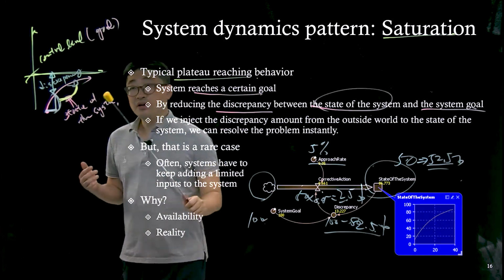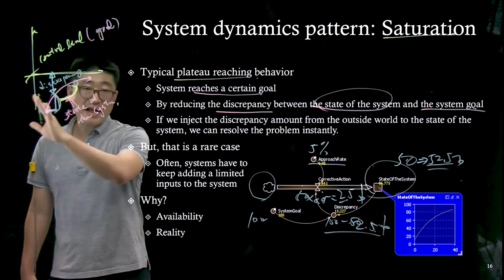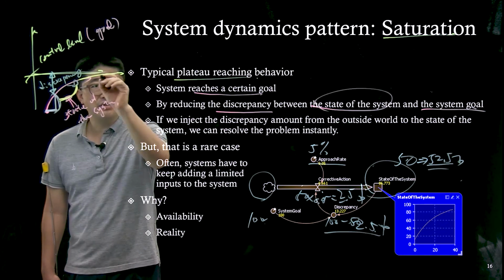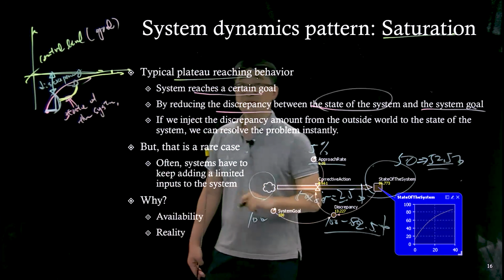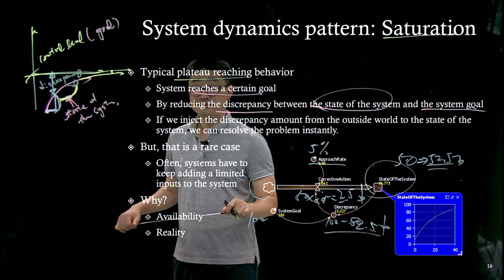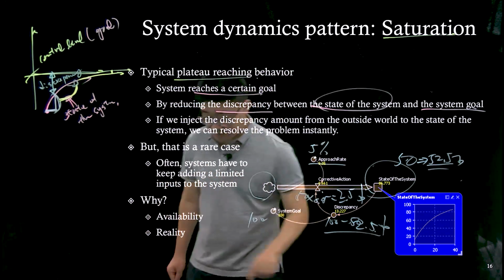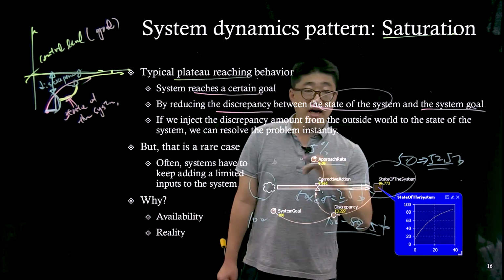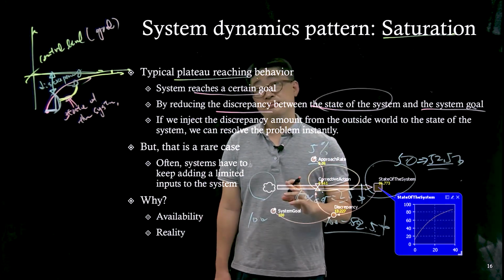So, because of that, it is showing the saturation behavior, because as time goes by, we are going to nicely get closer to the system goal, but this level of discrepancy will remain. Okay? However, what it says is that it is giving the stock this amount of the approached flow right away.